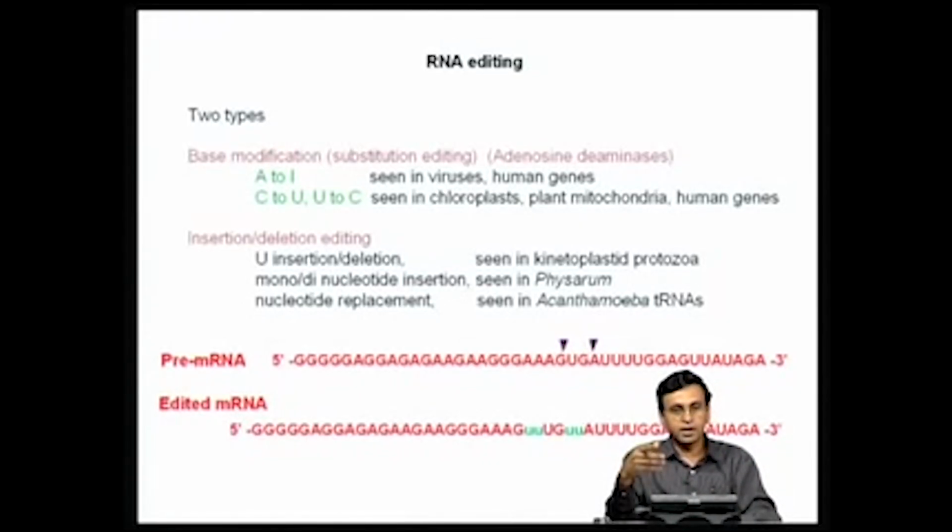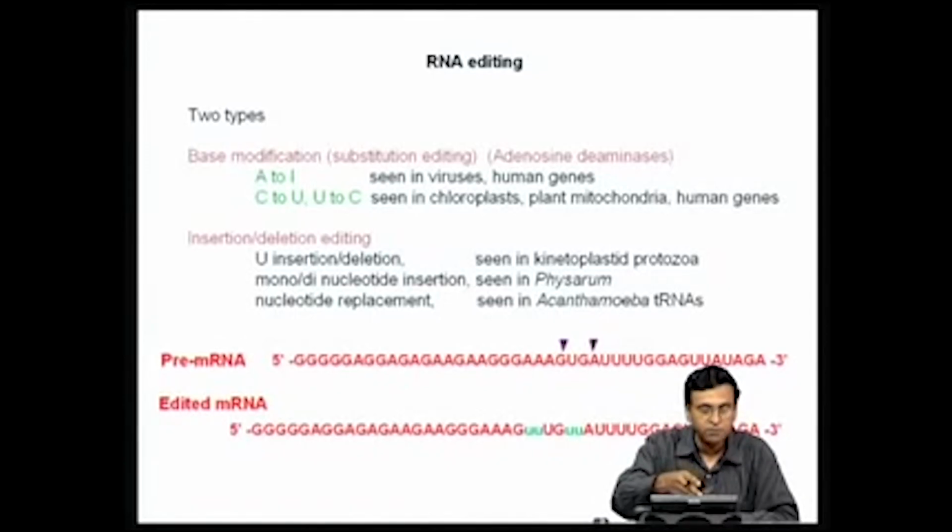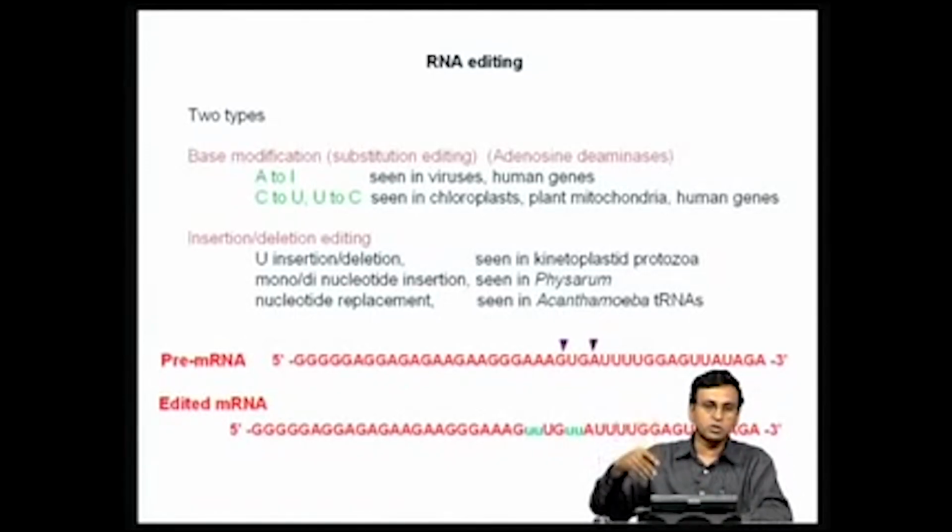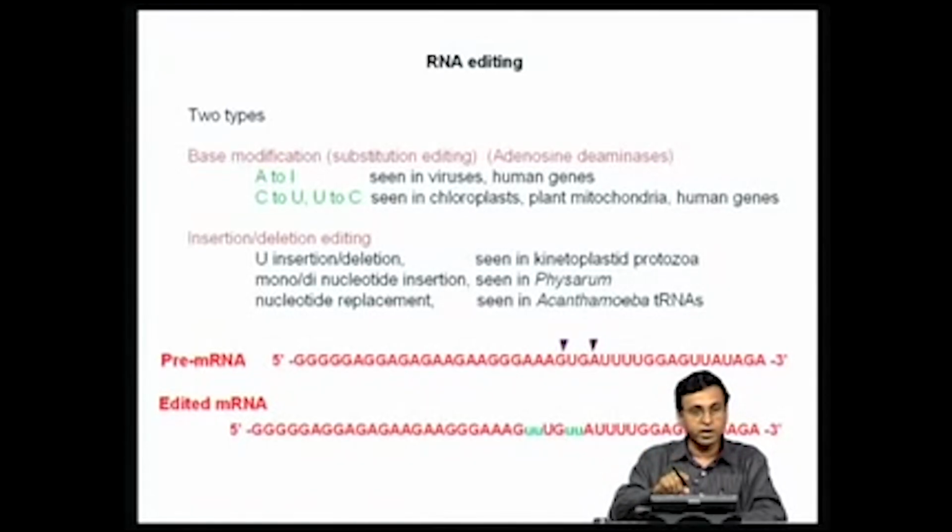For example, if a base modification has taken place, there may be inosine in the cDNA whereas it may be adenosine in the genomic DNA. Similarly, if you find certain extra U's when you sequence the cDNA, and those U's or T's are not there in the genomic DNA, it again means that a post-transcriptional modification has taken place, and RNA editing is probably the reason why the cDNA sequence is different from the genomic DNA sequence.